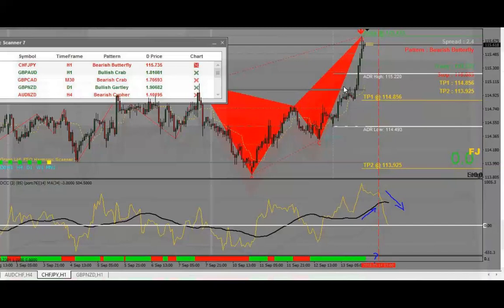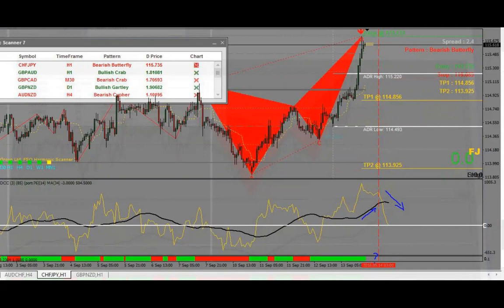I woke up this morning checking this chart and I saw that this chart had actually gone missing. It has actually disappeared. All right, sorry about that. So in this situation, I was waiting for this price.